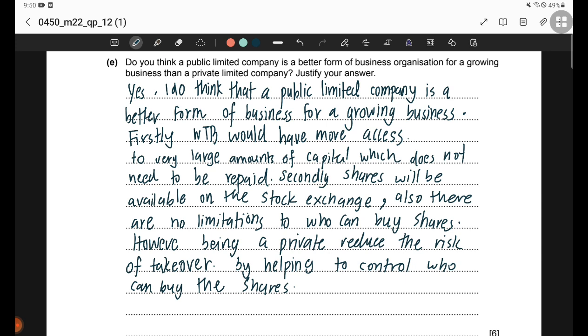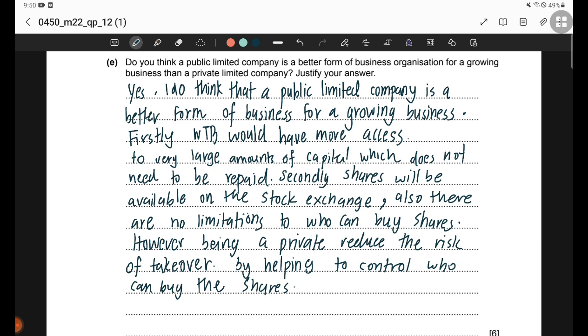However, being a private limited company, well, I didn't mention the limited company, but yeah, it's supposed to be there. Reduce the risk of takeover by helping to control who can buy the shares. Okay, so here there's this twist.